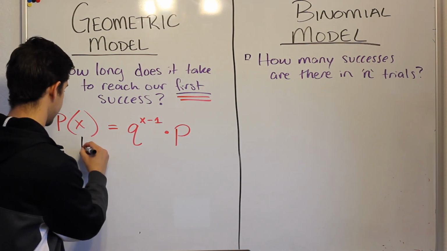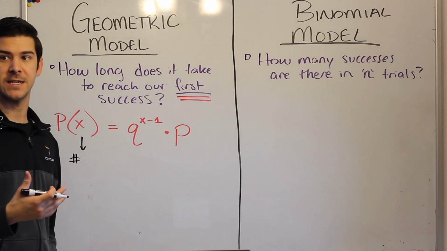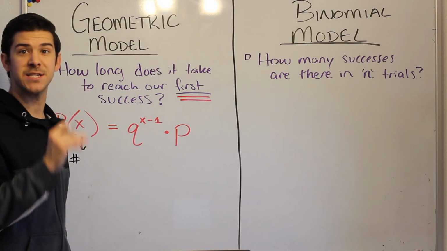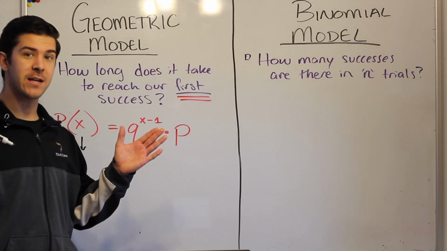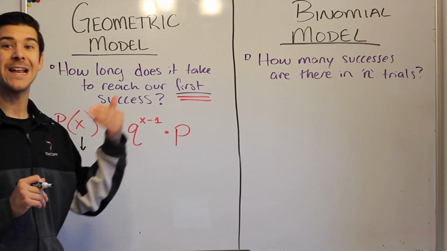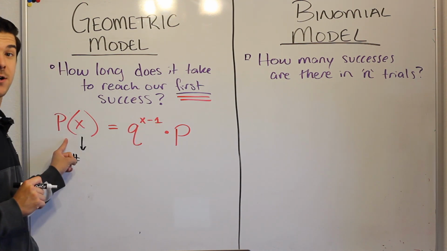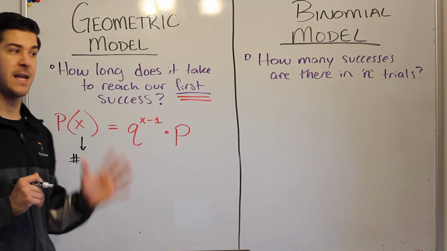So here we're interested in the fact, if we're going to be doing something, let's say I am shooting a basketball. If we wanted to say hypothetically, if Hernandez were to shoot a basketball, what are the odds that he makes it in for the first time on his 5th shot? X here would represent the 5 shots that I take.